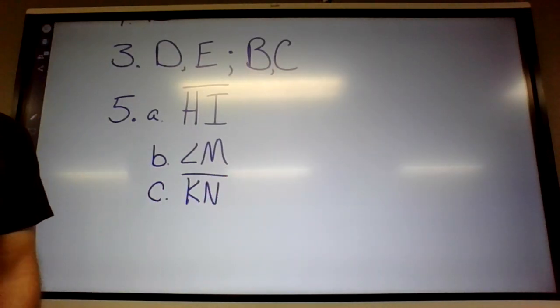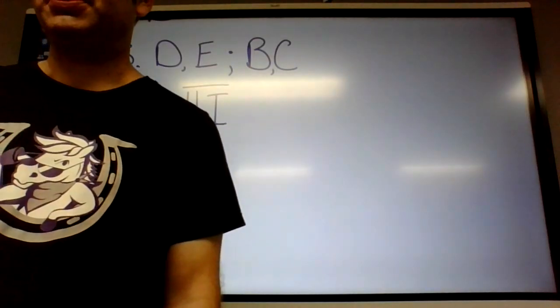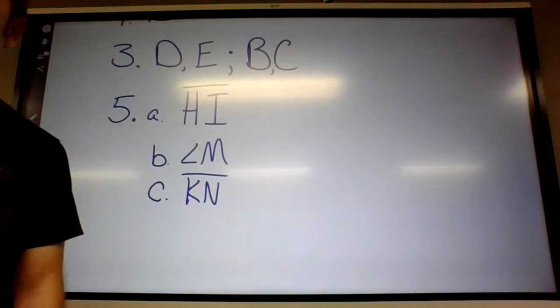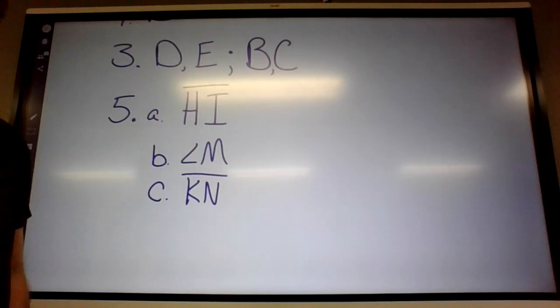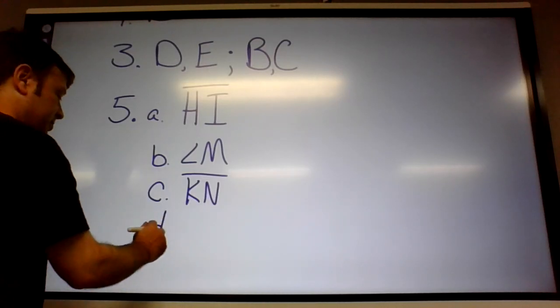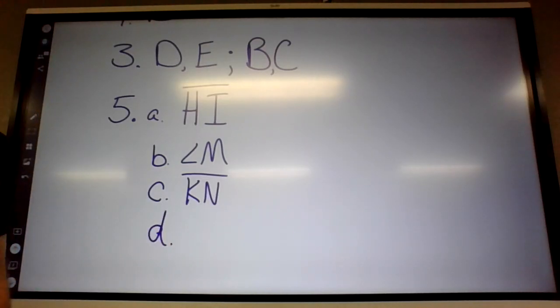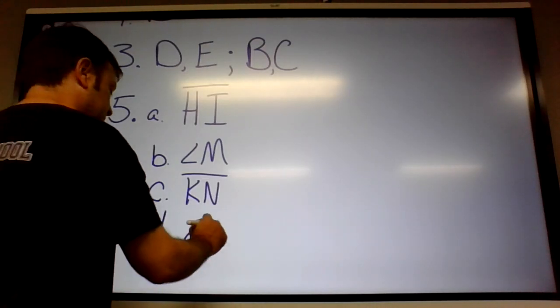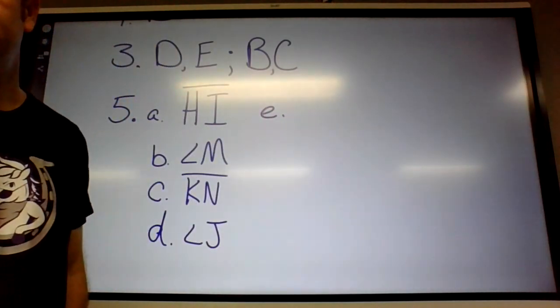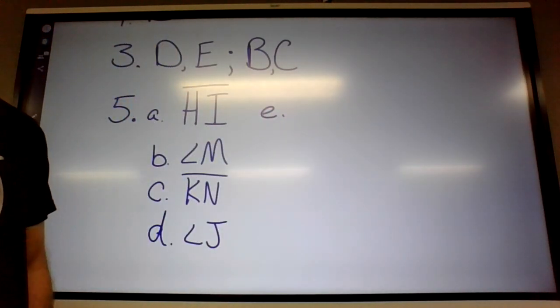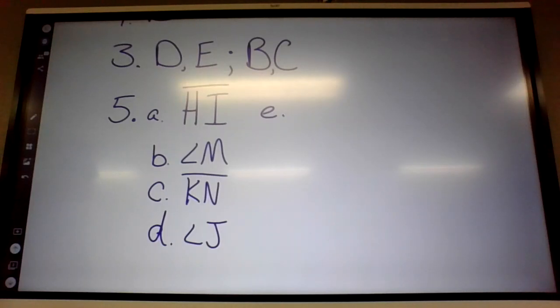On number 6, the triangle is like twisted and flipped, so I guess you might have to think about it a little bit more, but it's not that tricky, I don't think. D, angle N is congruent to angle J. Segment KL. Let's see, where's KL?